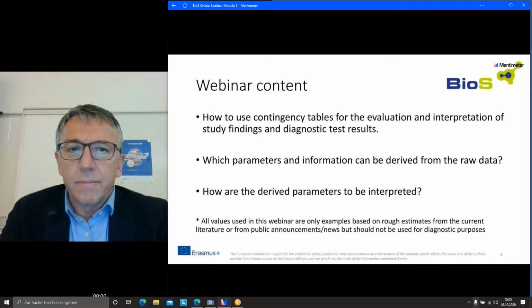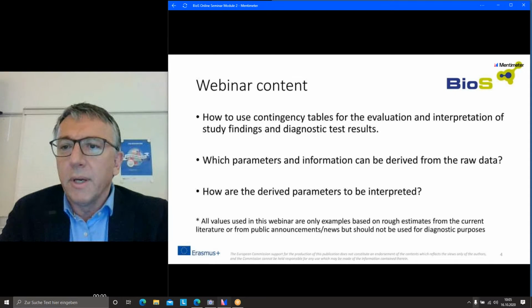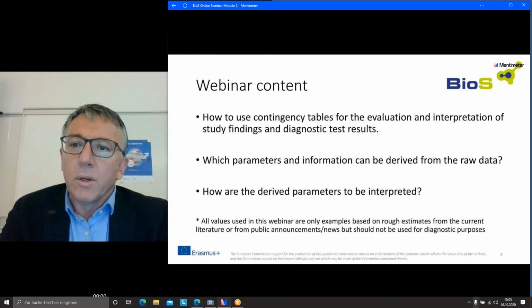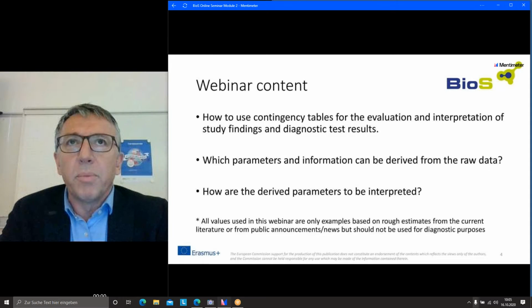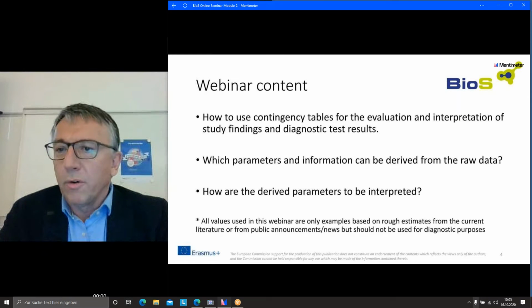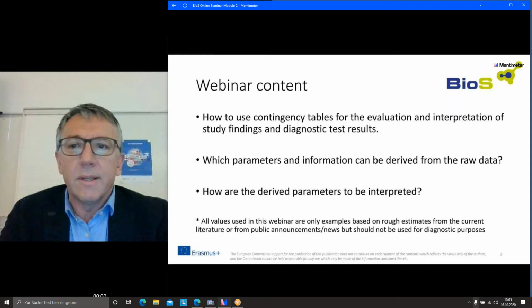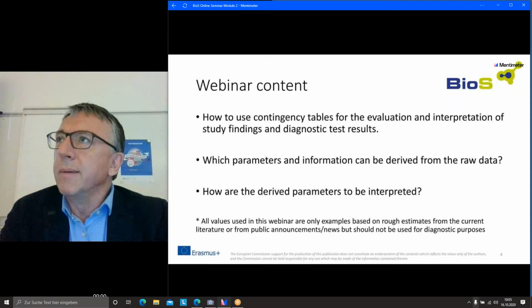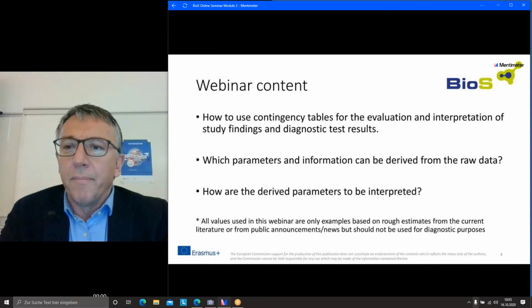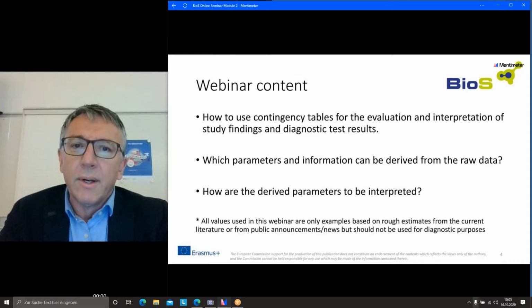So you can use this kind of information to do the analysis you have seen yesterday. Today, we are completely at the other end of the spectrum of data. We have a single outcome variable that has only one answer, yes or no. So it has a dichotomous outcome. So it's very easy data to deal with.